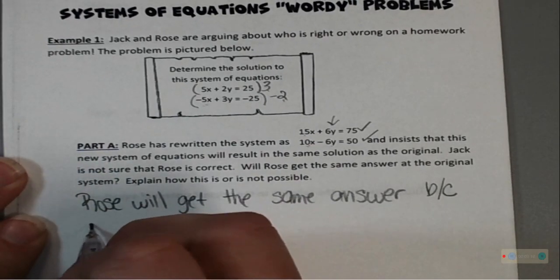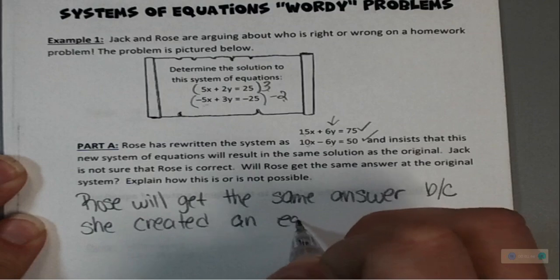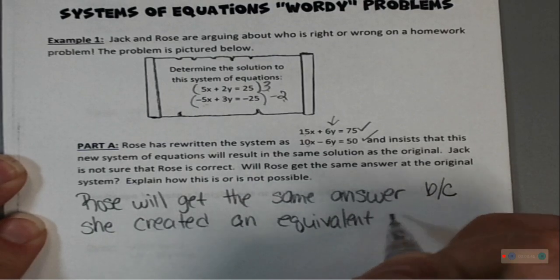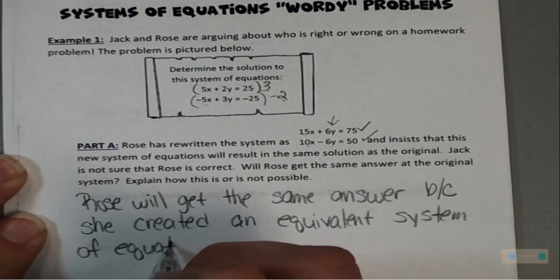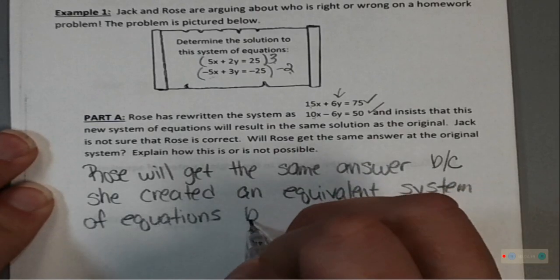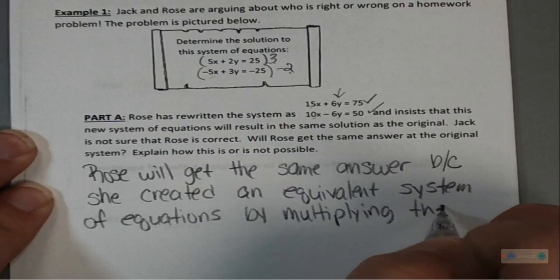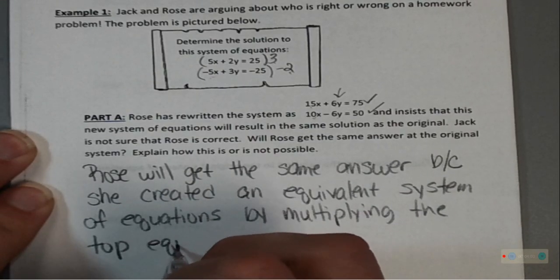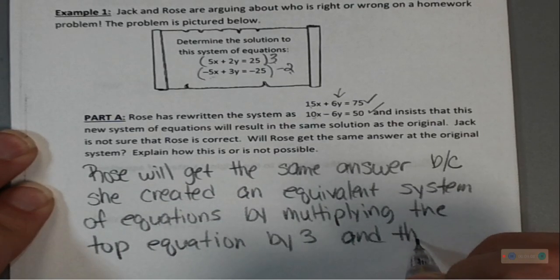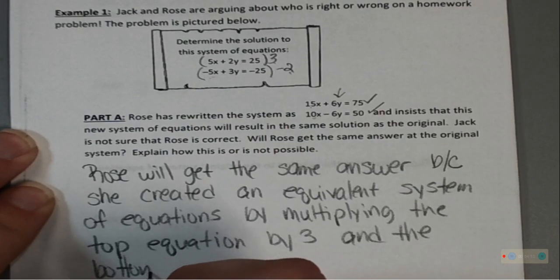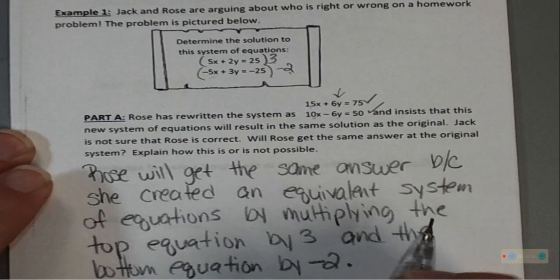So, because she created an equivalent system of equations by multiplying the top equation by 3 and the bottom equation by negative 2.